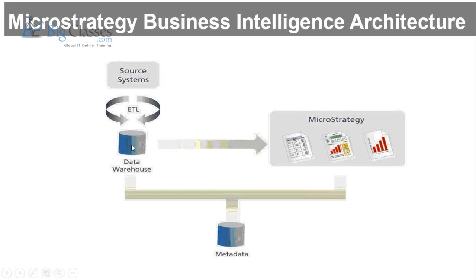Data lies within the warehouse, but metadata is specific to MicroStrategy, which stores all the object definitions. So if you create something new, modify an existing one, or delete something, everything is recorded in the metadata. So now whenever we try to run any report from MicroStrategy, first it comes to the metadata.